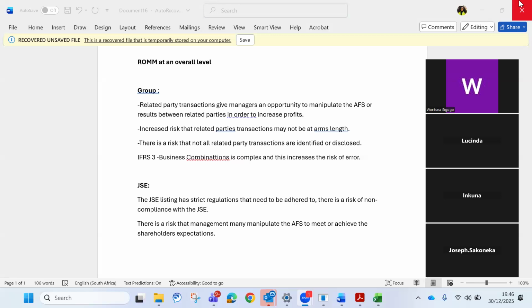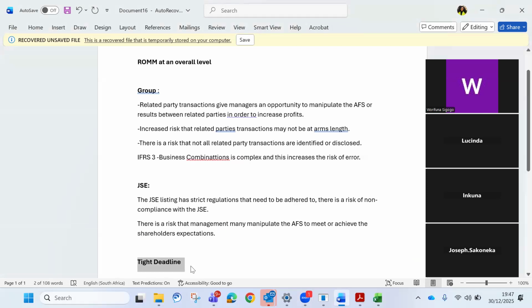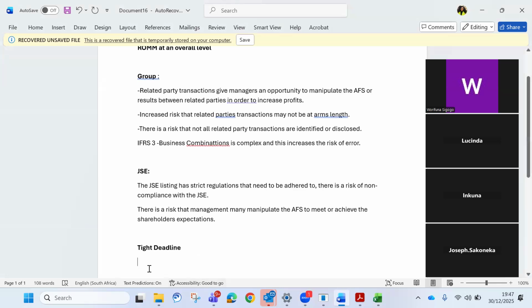I'm going to write it just now. Another one that you think of, if ever you read this and there's a tight deadline. When you say a tight deadline increases the risk of error, why? Everyone is in a hurry to get this signed, right?